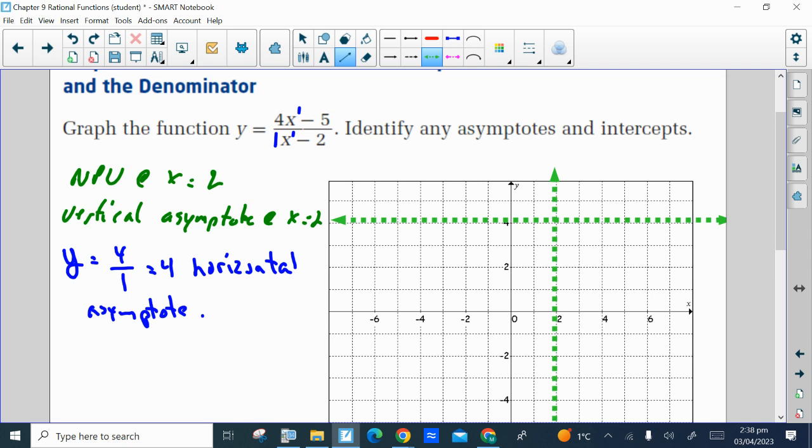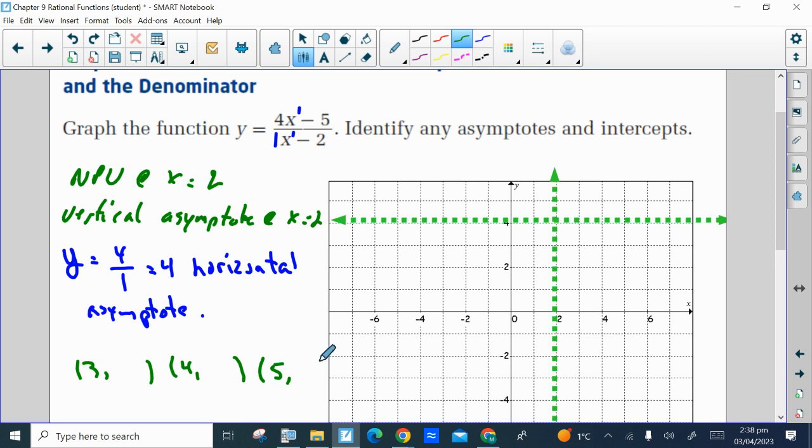And so now in this case, to draw an accurate sketch, we would do like we did before. We would just generate some points. And in this case, it doesn't really matter what values of x we choose, except x can't be 2. That's where our vertical asymptote is. So let's use a couple points to the right of positive 2. For example, we can let x equal 3, x equal 4, and x equal 5.